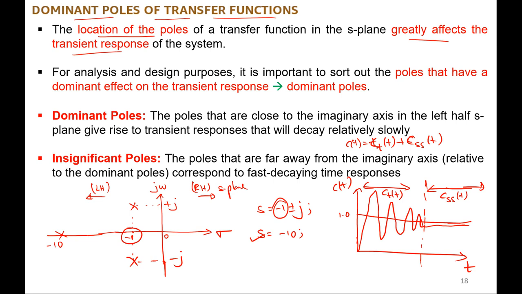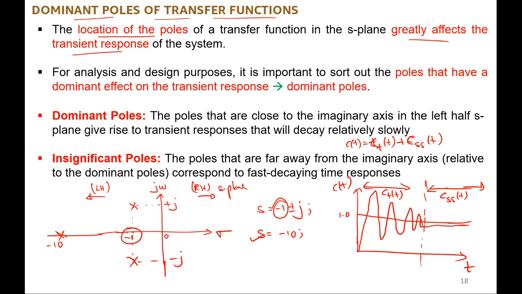Observe another pole which is located at minus 10, which is far away from the imaginary axis as compared to the location of the first pair of poles, right? Suppose the second pole is 5 times or 10 times farther. Here it is 10 times, because minus 1 is the real part, and if I multiply by 10 I get minus 10, meaning the pole is located 10 times farther away than the first pair of poles, right?